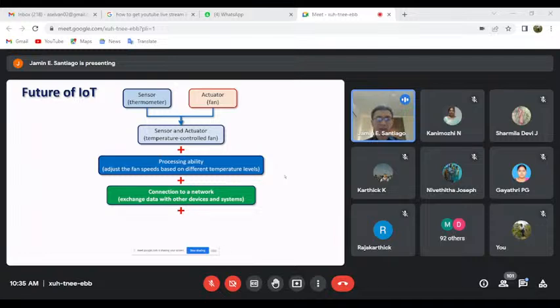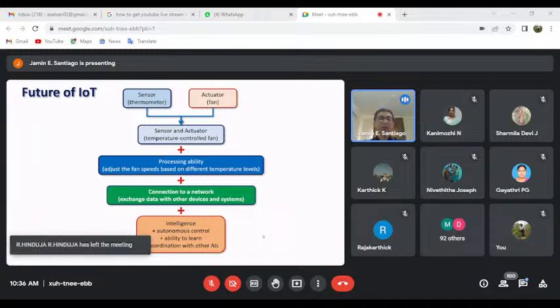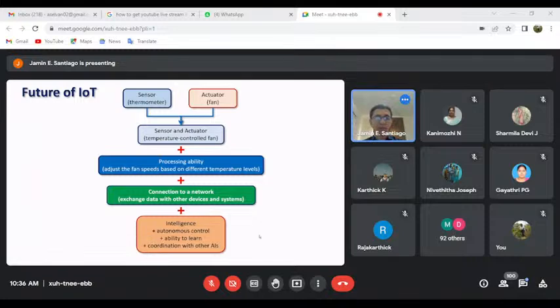ChatGPT is an artificial intelligence bot which can answer your questions and do programming code. So this is the future of IoT: put more intelligence into it, put more autonomous control, okay?